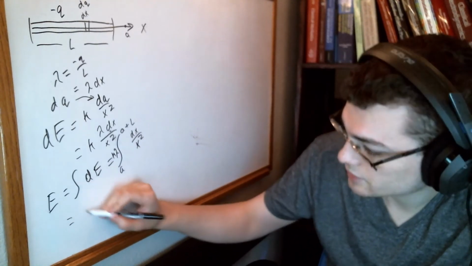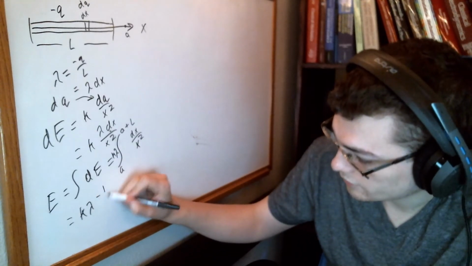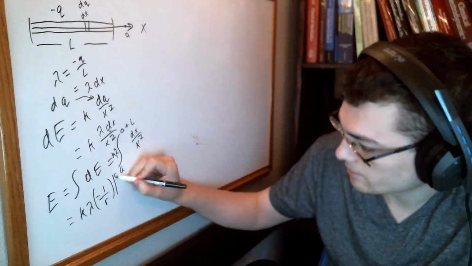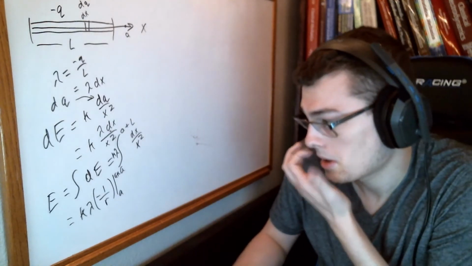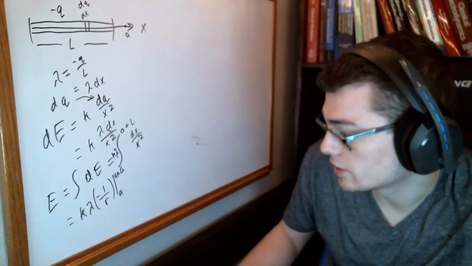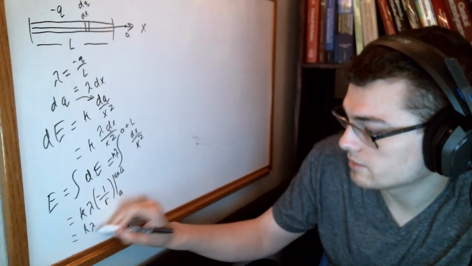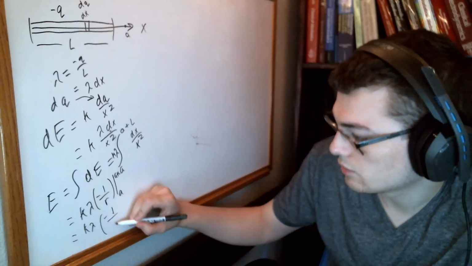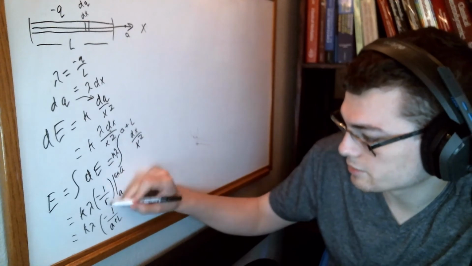And so then this is going to give us k lambda times negative 1 over r, from A to A plus L. And so now we can start plugging things in. This will yield K lambda out front, and then this will be negative 1 over (A plus L), because we're just plugging that in.